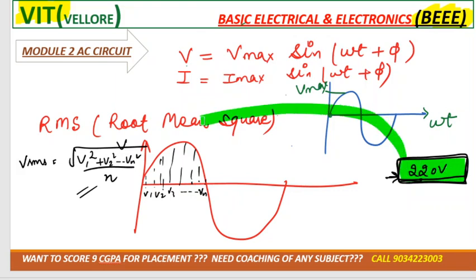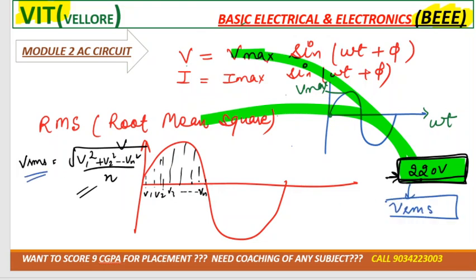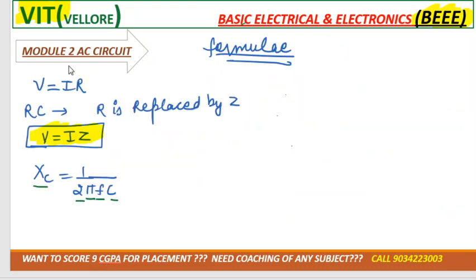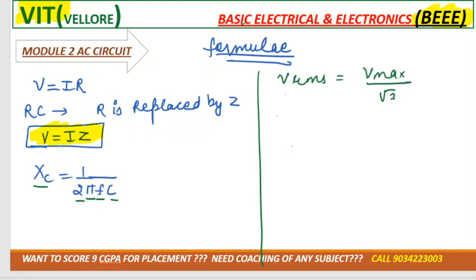According to you, is this VRMS or Vmax? Yes, correct, this voltage is VRMS. So for calculation we always use VRMS, and there is one relationship you can write down in the formula page also: VRMS is equal to Vmax divided by root 2.